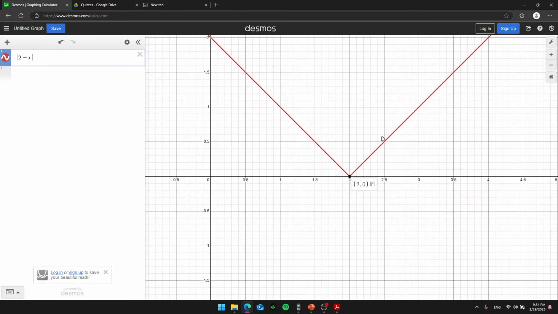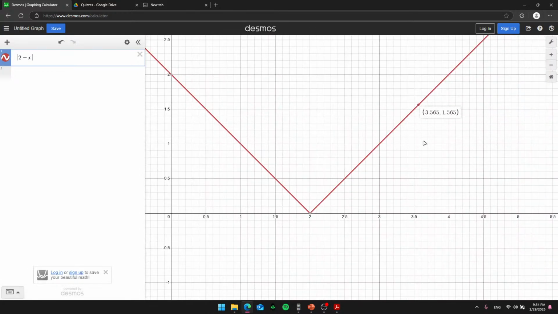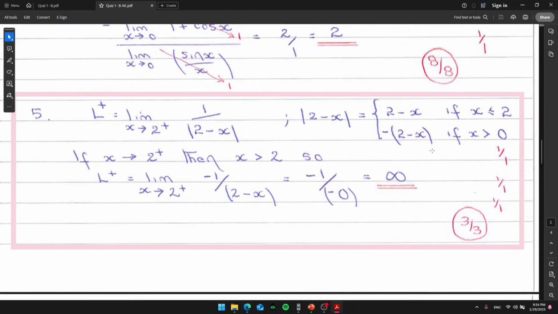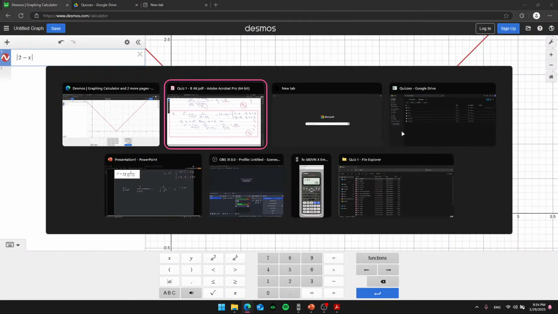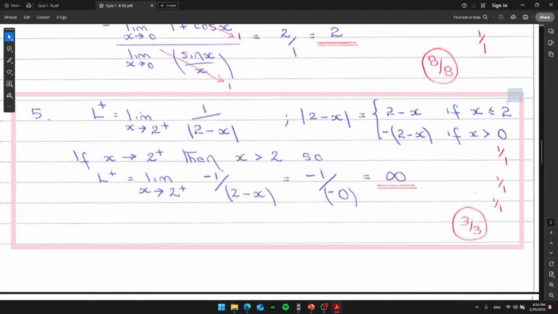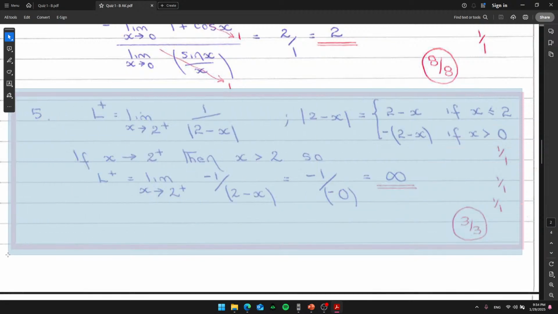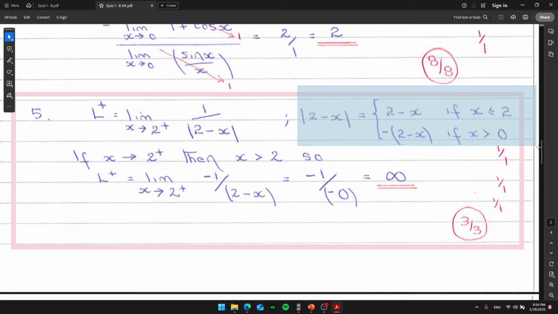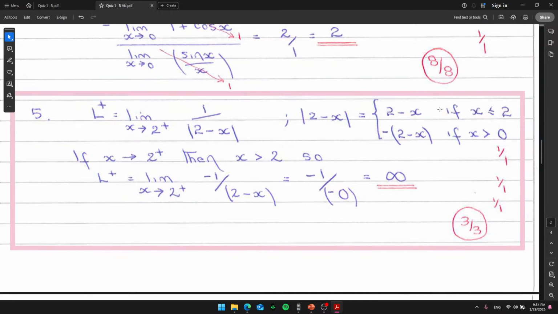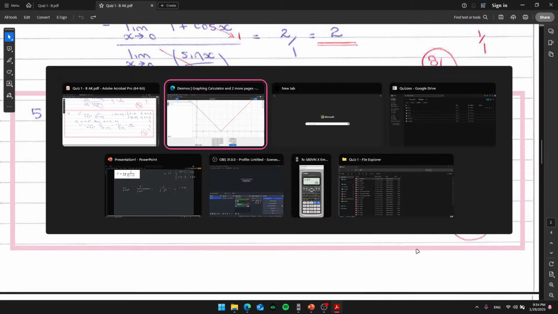X is greater than 0, we'll use the function with the positive slope. So 2 minus x, no. Bro, this instructor needs to learn how to rewrite this thing. Or maybe he didn't eat something in the morning like me. So he rewrote it as this, which is wrong. I'm sorry, but it's wrong.